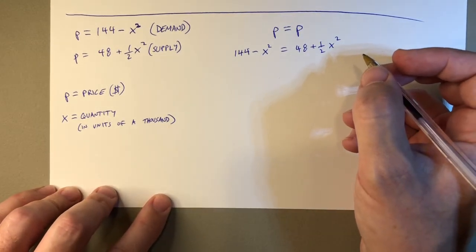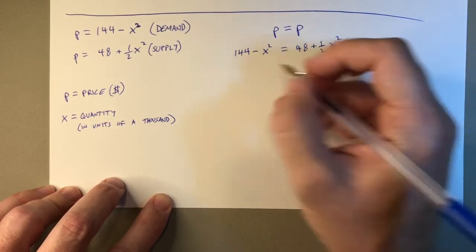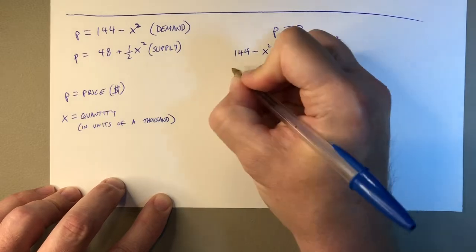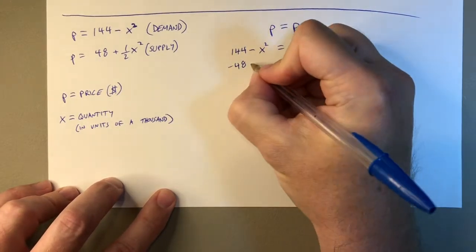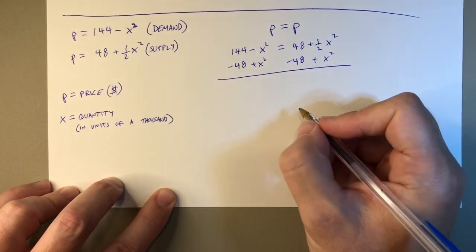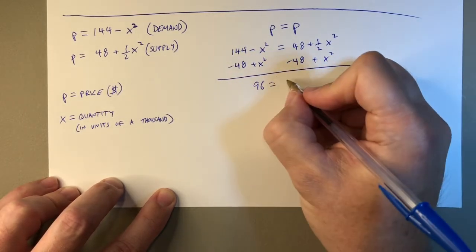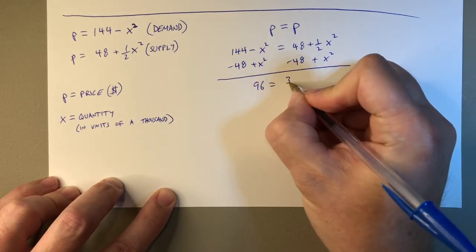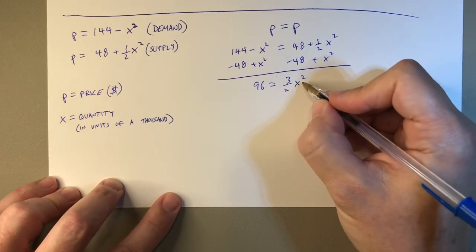I'm going to subtract 48 from both sides, and I'm also going to add X squared to both sides. And you get 96 equal to 3 halves X squared.